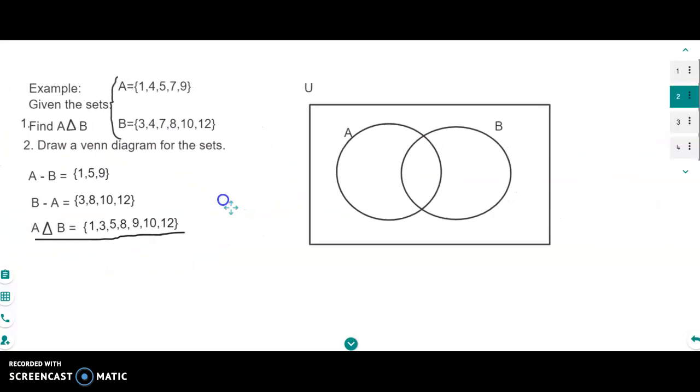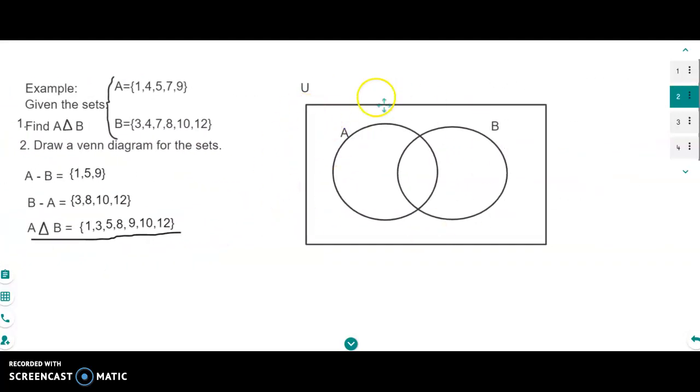So we go here to this diagram. We have the universal set, the box, the set A, the set B. Now we start including the elements. So here we start with the intersection of A and B. We are going to build this zone, the intersection zone.